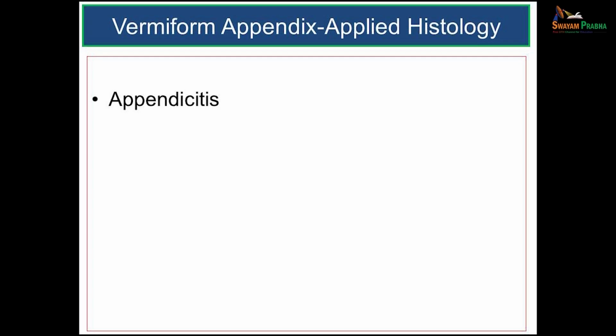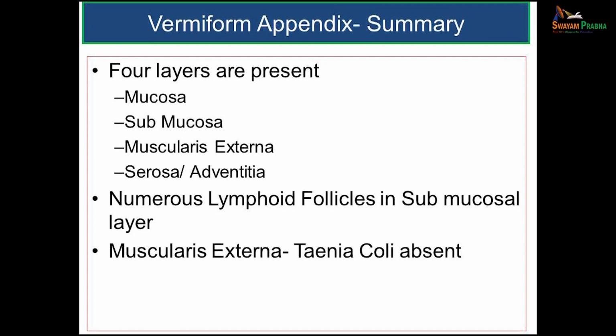Now, apart from appendicitis, one other condition that is associated with the appendix is the presence of carcinoid tumors. Among the sites of carcinoid tumors, the appendix is one of the commonest. To summarize, in the vermiform appendix, the 4 layers are present, like any other part of the digestive system, namely the mucosa, the submucosa, the muscularis externa, and the serosa.